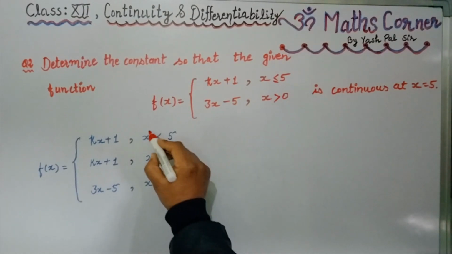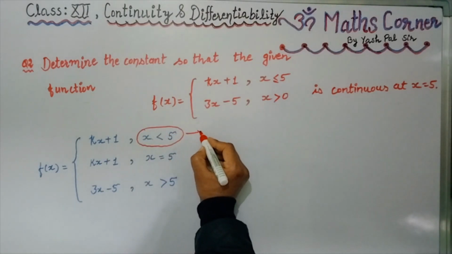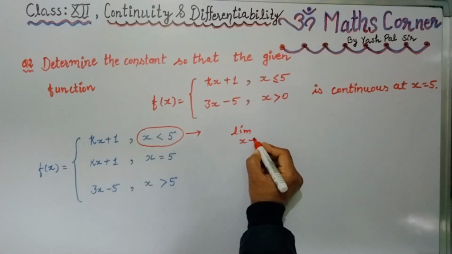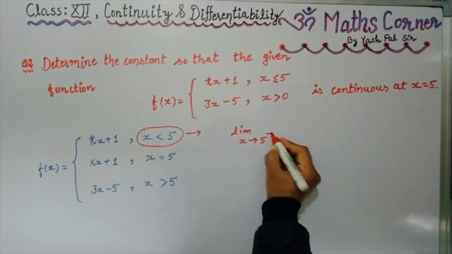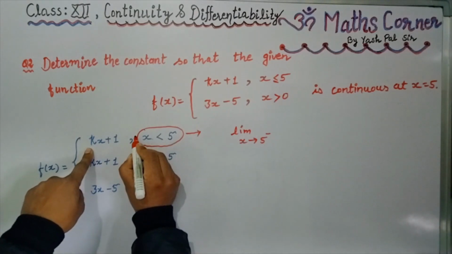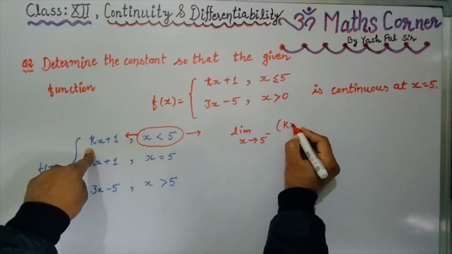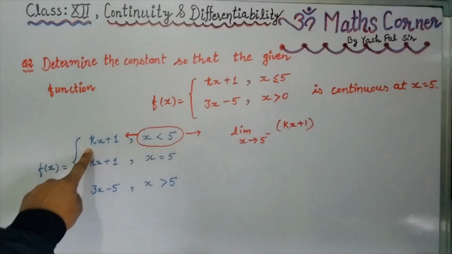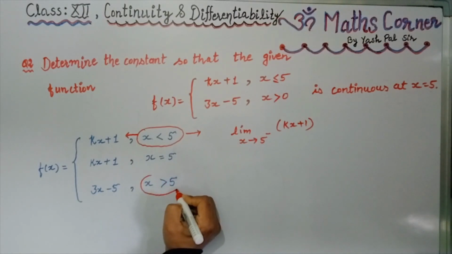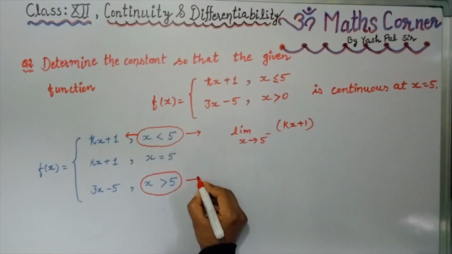So first of all, what we see here is x is less than 5. So from here we write limit x approaches 5 negative sign, meaning left-handed limit of the function, and the function here is kx plus 1. Similarly, next we see x greater than 5.